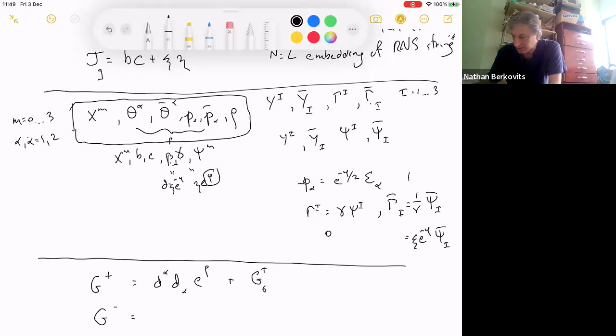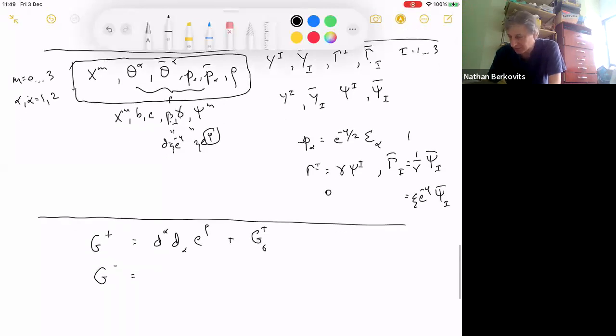Plus d y bar^I gamma^I. And G minus is equal to d bar alpha dot e to the minus rho, plus d y^I.